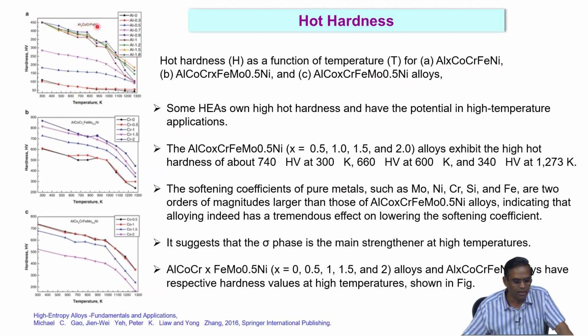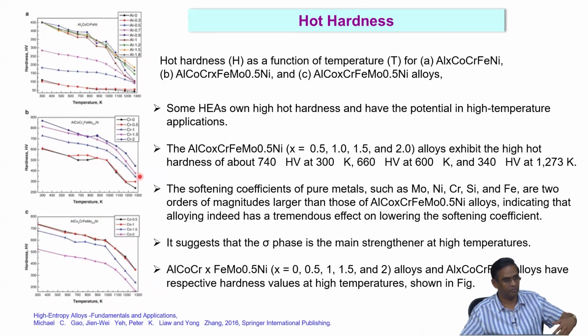What you are seeing here are different kinds of alloys. This is aluminum, cobalt, chromium, iron, nickel. This is aluminum, cobalt, iron, moly, nickel. And here it is aluminum, cobalt, chromium, moly, nickel with a different molybdenum content. You can see how the hardness decreases as a function of temperature. The hardness change is not drastic with the temperature increase.